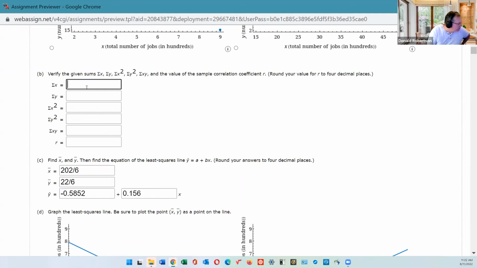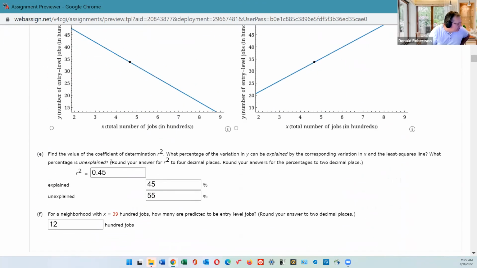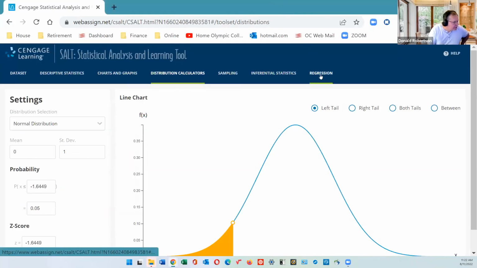I took this number and divided it by 6, and I took this number and divided it by 6. That's the only one I would do a calculation for. All these other numbers here, here, and eventually here, we would get just by looking in the right place for sort.